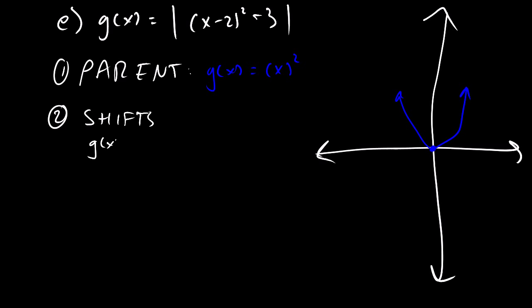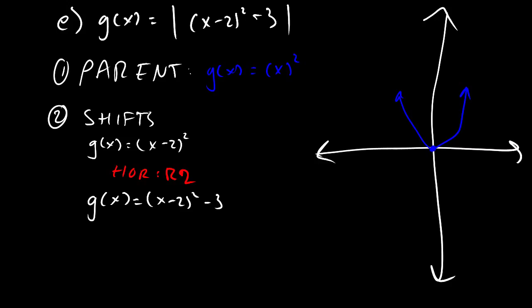So g of x, start off simple. Let's break it down. X minus 2 quantity squared. We know the 2 is a negative and attached to our x. If it's attached to our x, it's a horizontal shift. So a horizontal shift, we were thinking negative, but it does the opposite, so it really goes right 2. g of x is equal to the quantity x minus 2 squared.